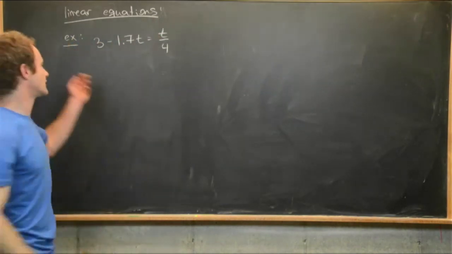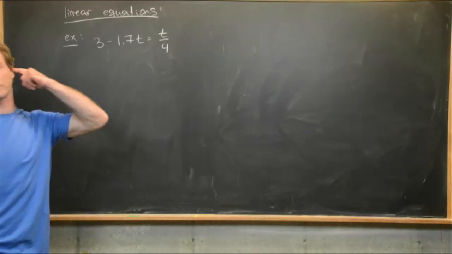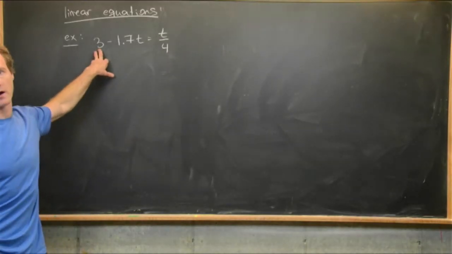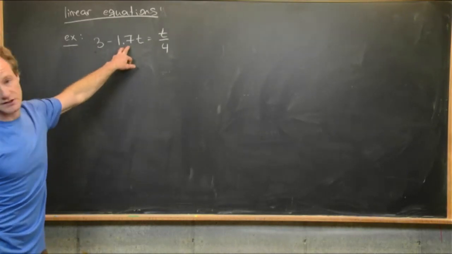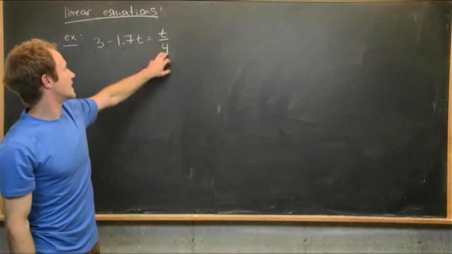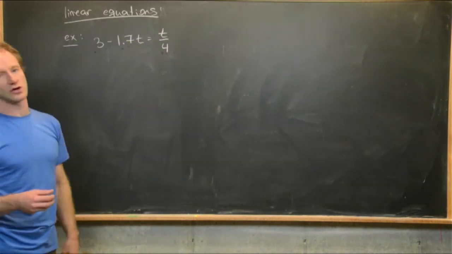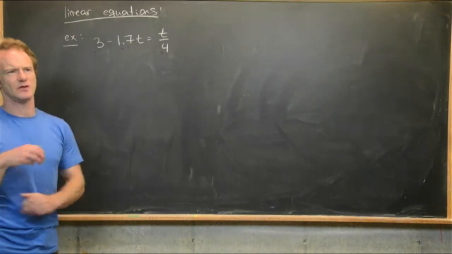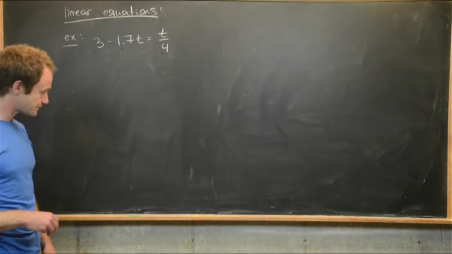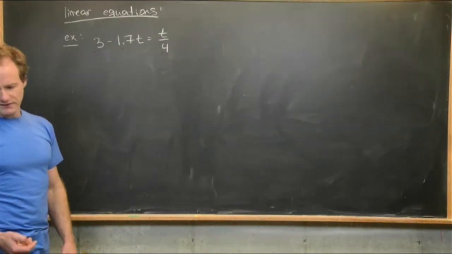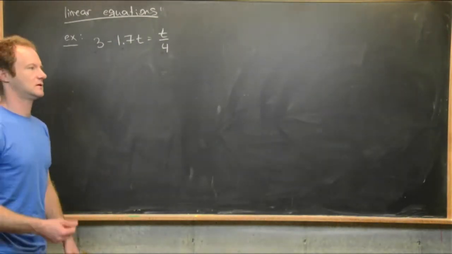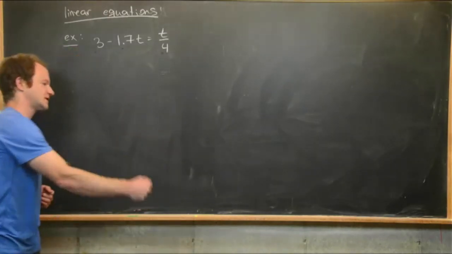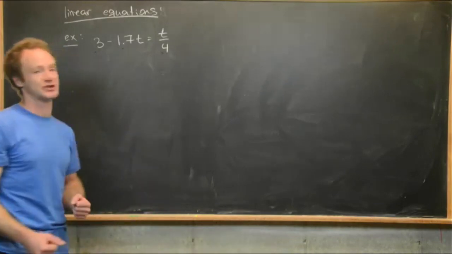We only have one variable there, so we want to solve for that variable t. Notice we have a mixture of things going on. We've got a whole number, a decimal, 1.7, and then a fraction, 1/4 t. So we somehow want to put all of these things together so that we can combine them more easily. Even though it's maybe not what's preferred at the moment, we really want to default to putting everything into fractions.